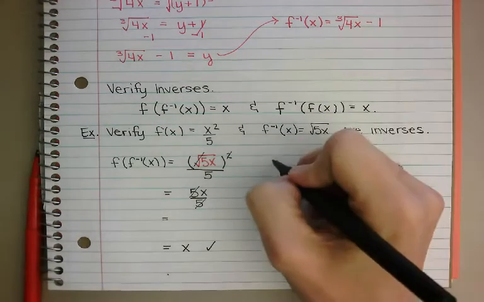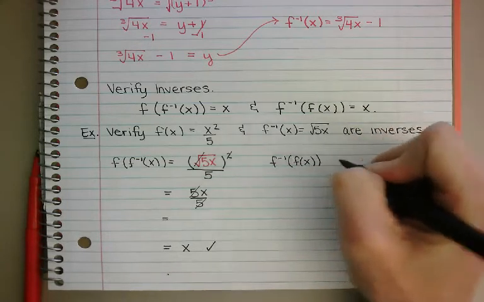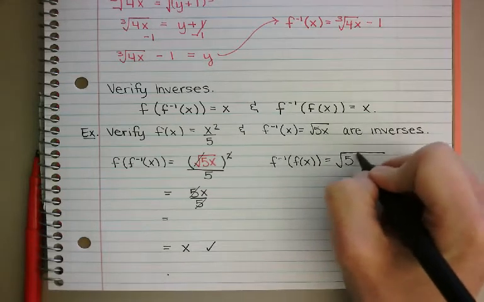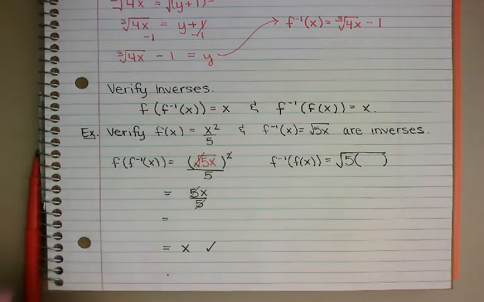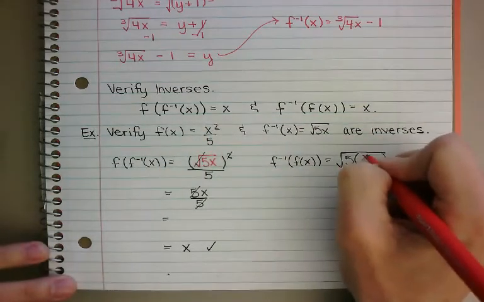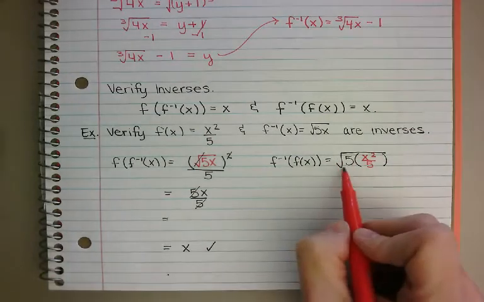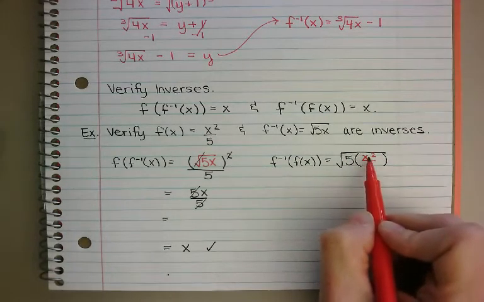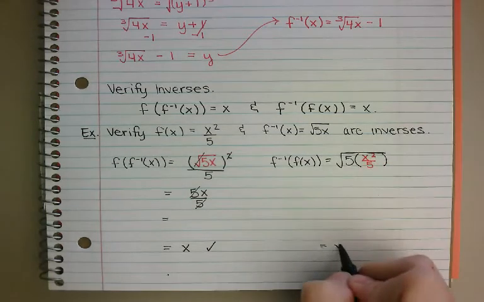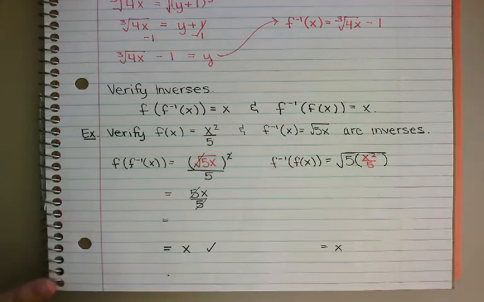So we've done that. Now we need to do f inverse of f of x. So I'm going to write down f inverse, which was the root of 5x, but I'm going to put in its place what f of x was, which is x squared over 5. So now I am square rooting 5 times this fraction. And again, I know that the answer is going to equal x, so you have to accurately tell me what to simplify here.